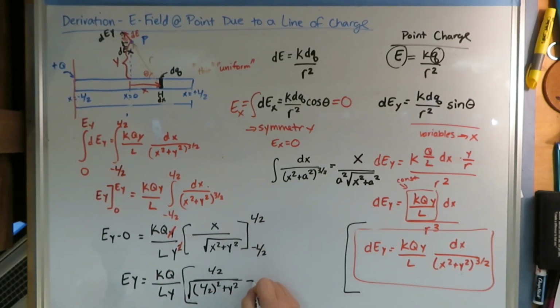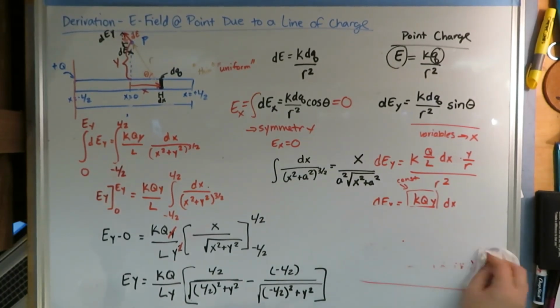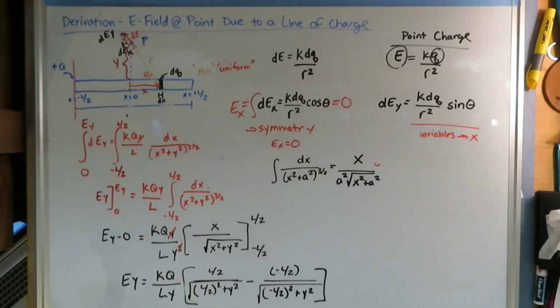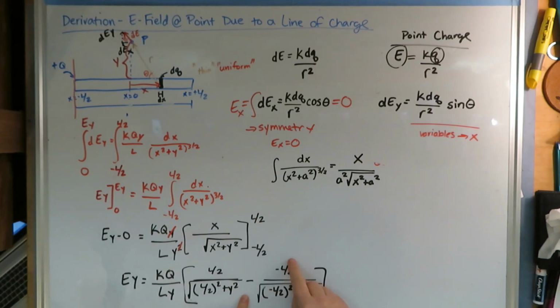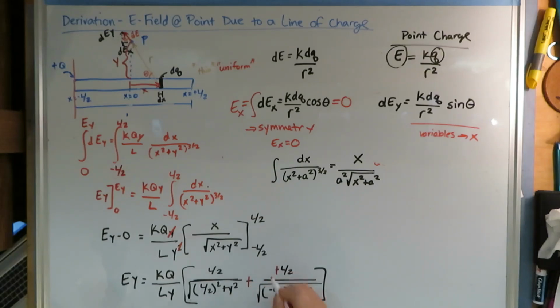And then I'm going to have to subtract x being negative L over 2, over the square root of negative L over 2 squared plus y squared. So if we take a look, we have a negative and a negative. So that negative and negative is actually going to become positive.